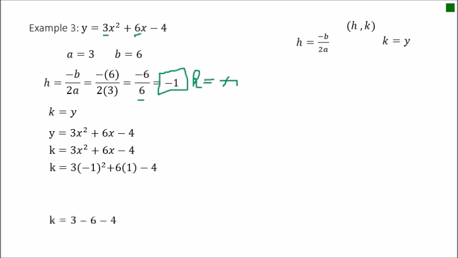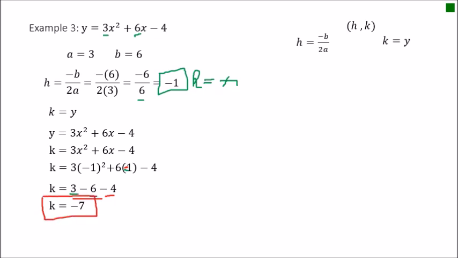Then negative 1 squared is positive 1, times 3 is positive 3. 6, this is negative 1, 6 times negative 1 is negative 6, then copy, minus 4. Let's solve: 3 minus 6 is negative 3, minus 4 will give you negative 7. So, our k is negative 7.